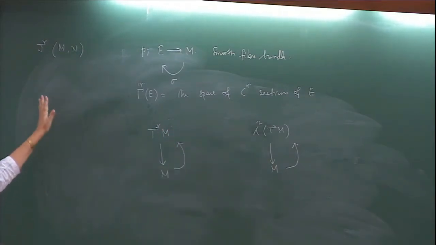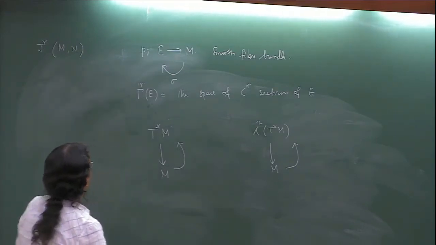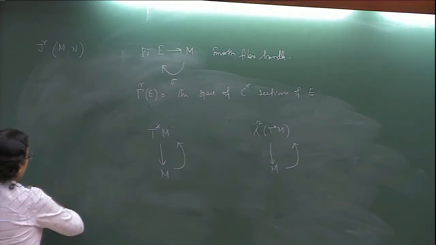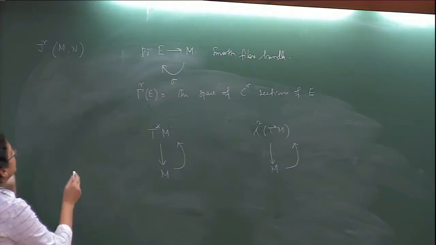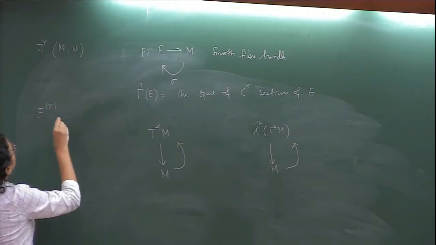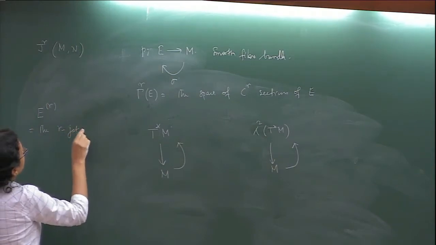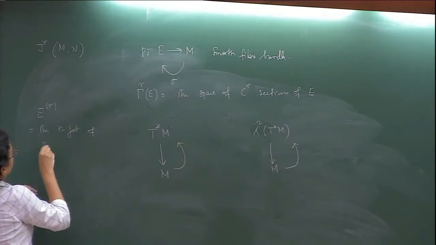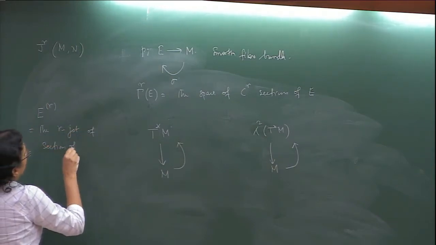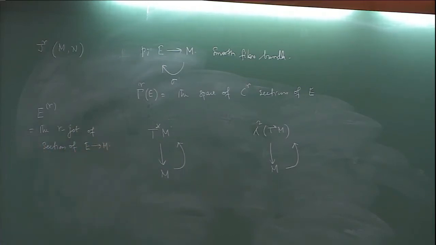But for simplicity, I will just adopt this J^r(M,N) so that it is easier for you to think. Whatever I write for J^r(M,N), you can write for the jet space of sections of E. So these are the notations.